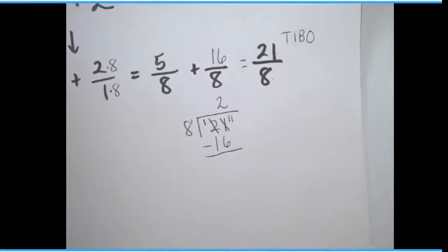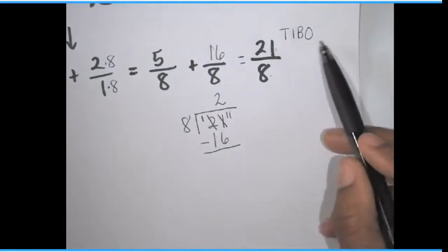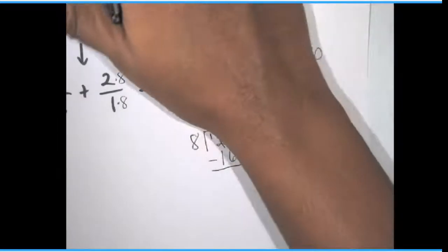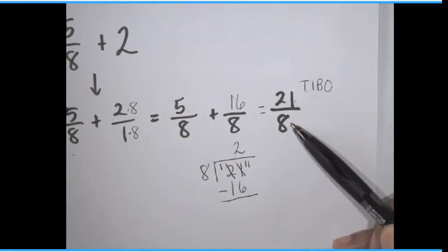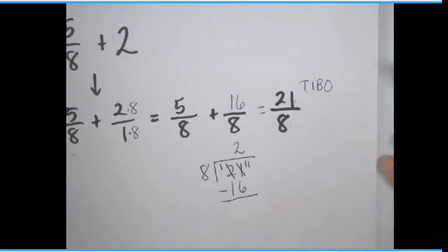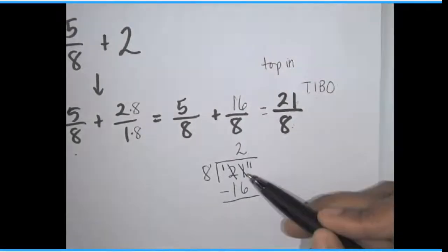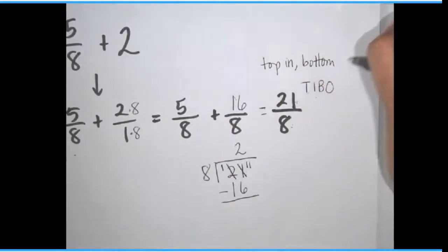Okay, so let me make a couple of really quick things. So the division cycle, I have these little acronyms for everything. So T-bow is top in, bottom out. So let me make these 2 really quick comments. This is really important. So 2 things. When you have an improper fraction, that's what this T-I-B-O stands for, right? It means the top number is going to go inside, so you can do your division, and the bottom number needs to go outside.